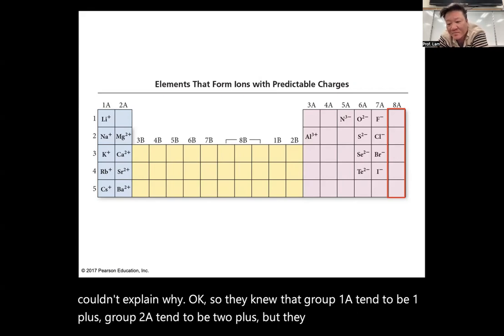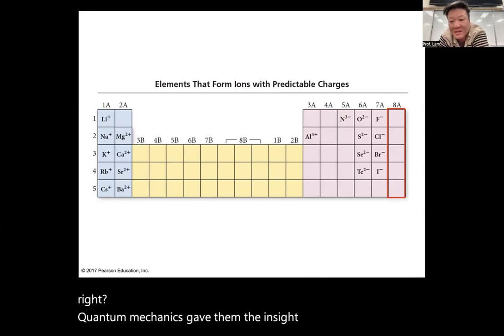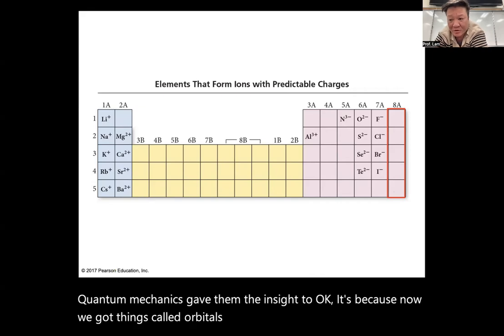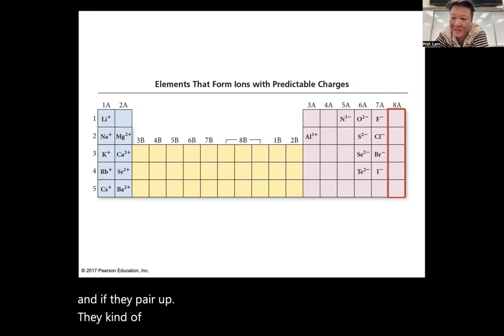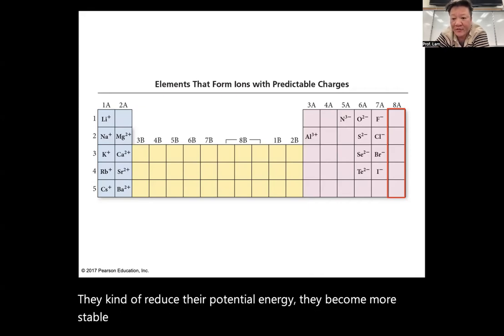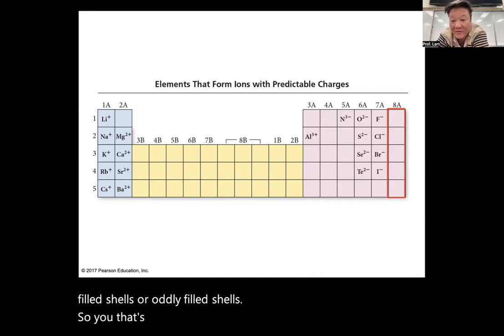Quantum mechanics gave them the insight: it's because we've got things called orbitals, and there are only 2 electrons in each orbital, and if they pair up, they reduce their potential energy. They become more stable, right? So fully filled shells are more stable than, say, half-filled shells or oddly filled shells. So that's why you have these patterns, right? Now we can explain the why.